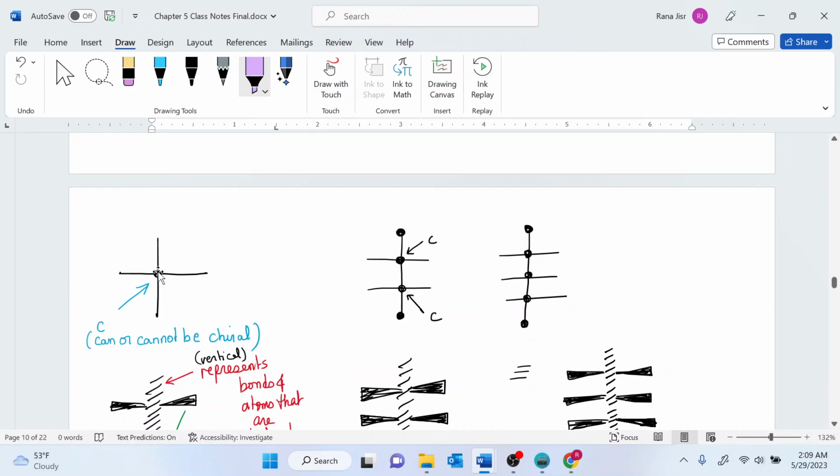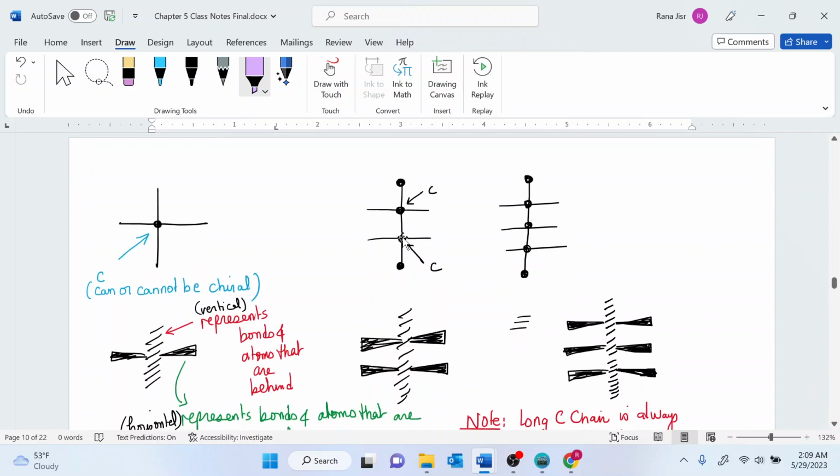This carbon can be chiral or it cannot be chiral. It depends on the molecule itself. Normally, the carbon chain we draw on the vertical line, and on the horizontal line here we have our hydrogen.